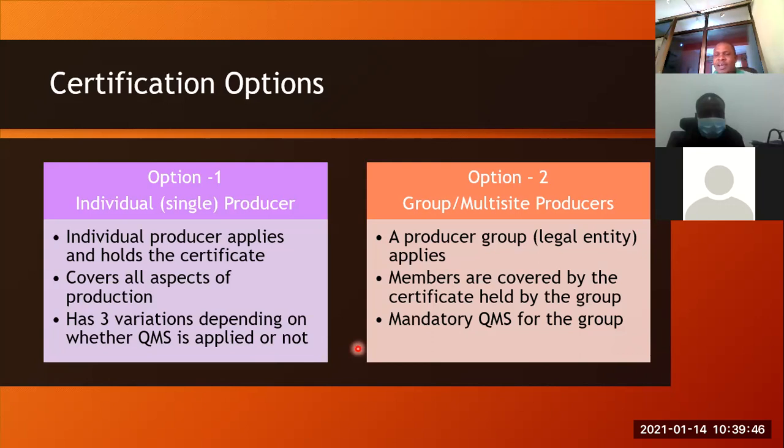Okay, so when you look at the GlobalGAP general regulations, GlobalGAP does not allow that. GlobalGAP does not allow that a farm or a company in Kenya, their certificate can cover another company in a different country, whether they are using QMS or not.